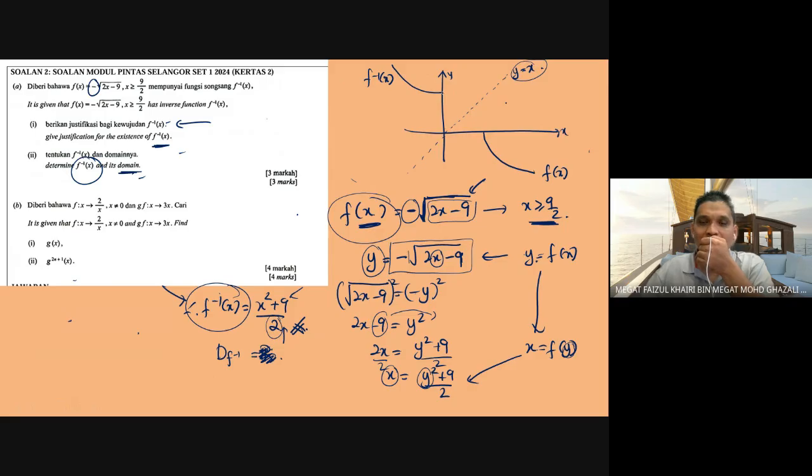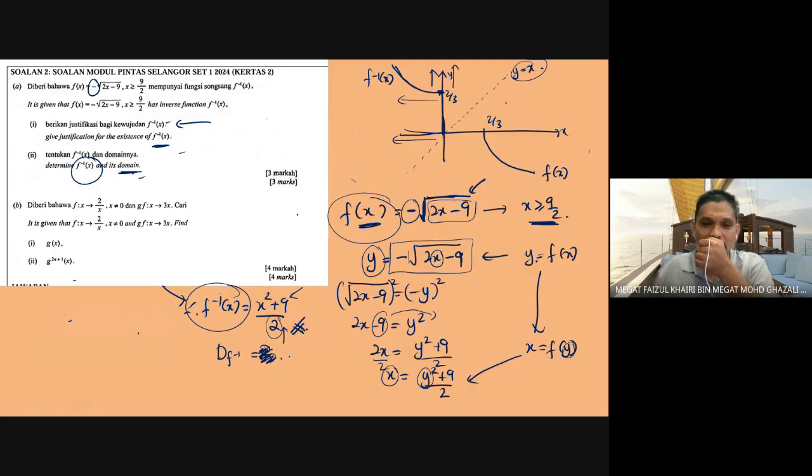So look at this one here now. For this function f inverse, the domain is from negative infinity until 0, and the range is from 2 over 3 to positive infinity.